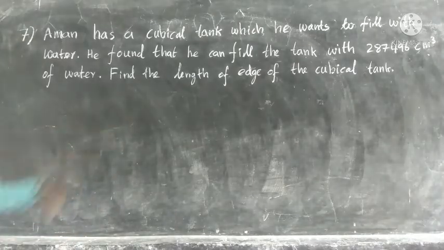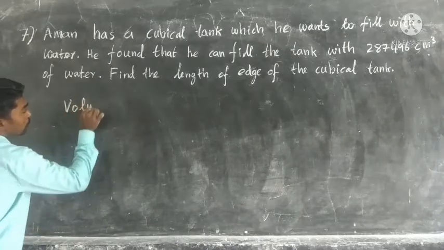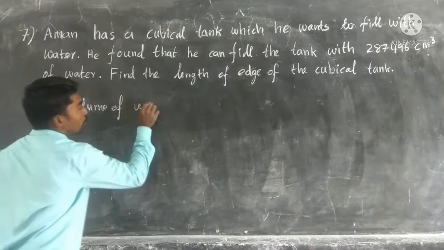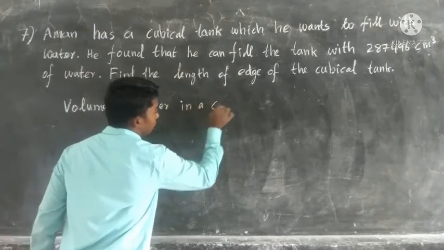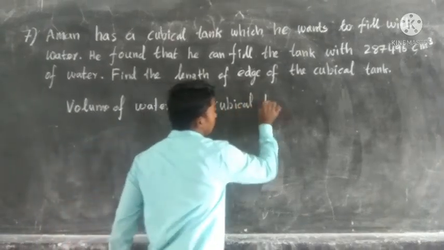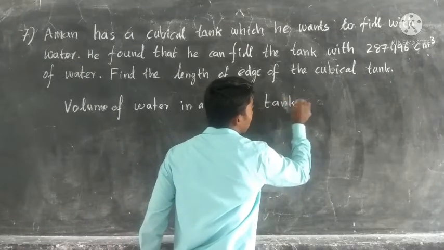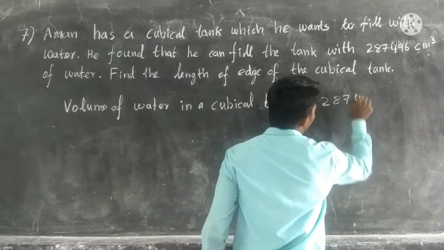So by using this data, first we can write volume of water in a cubical tank is equal to 2,87,496.